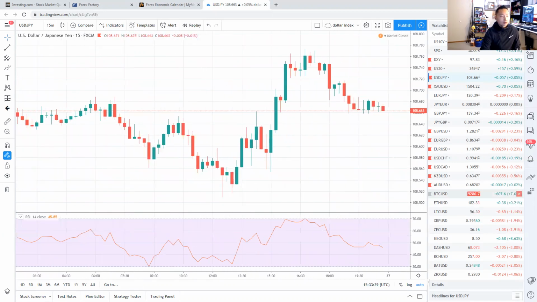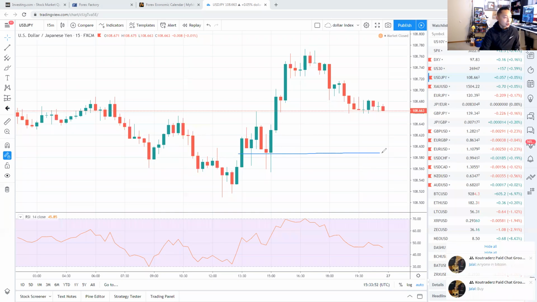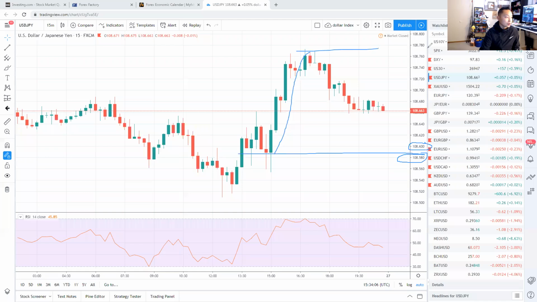Based on what I'm looking at right now, if I was going just by price, I would sell, and I would shoot for this target right here, which is 108.6 and 108.58, because this was a massive move all the way up to almost 108.78.